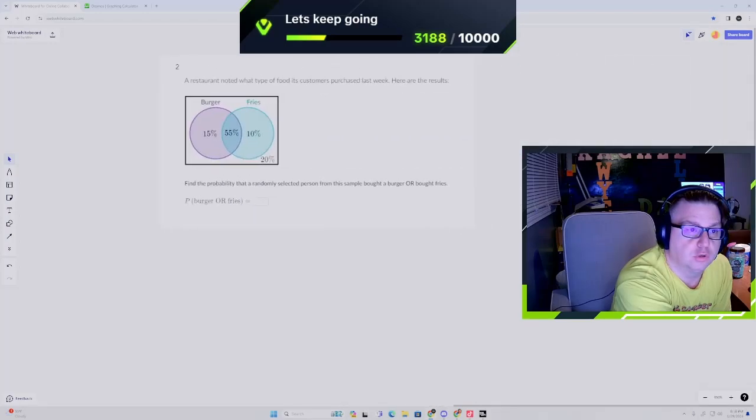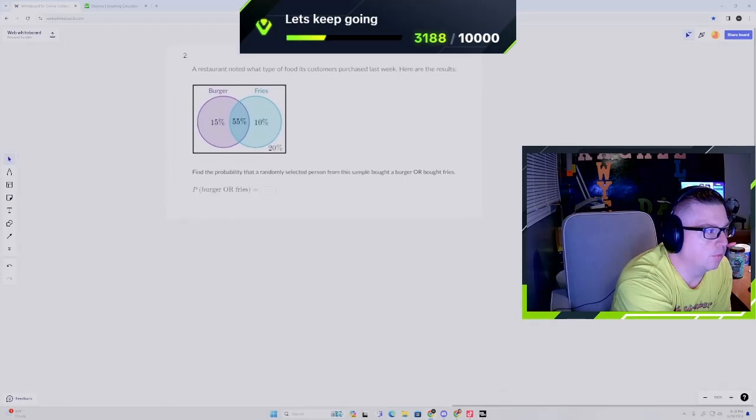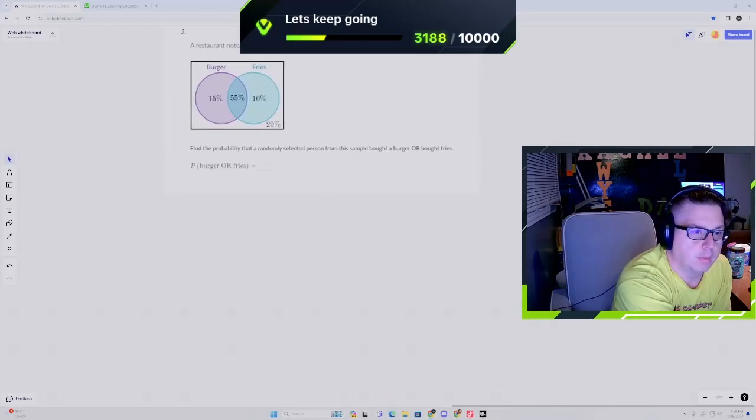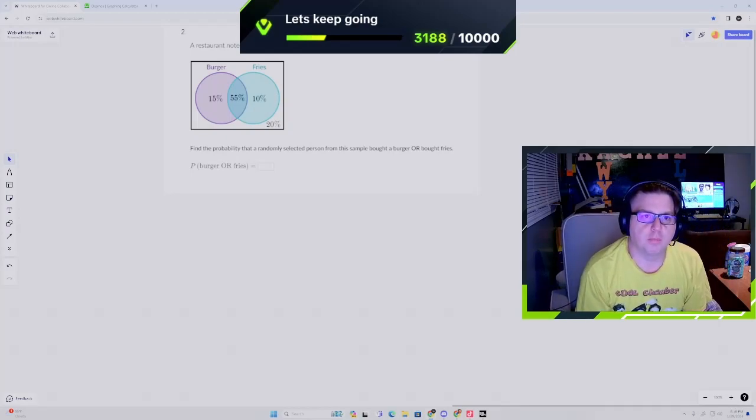So number 2, you can see already with this Venn diagram that we will have some overlap. Okay, this one. A restaurant noted what type of food its customers purchased last week. Here are the results. Some people ordered burgers.